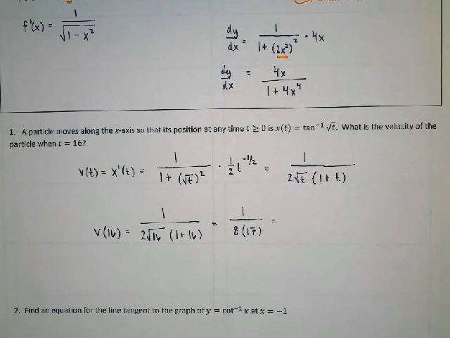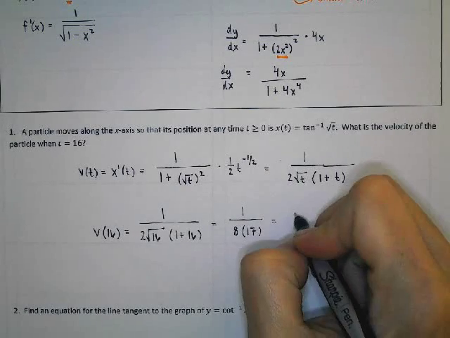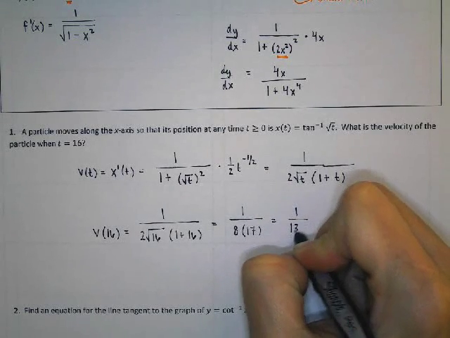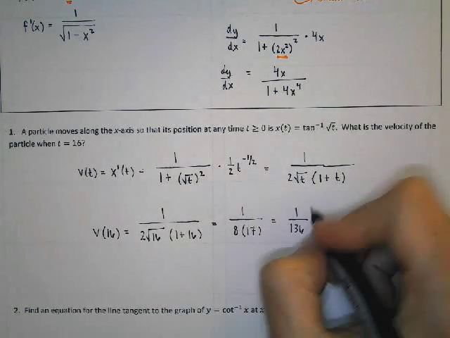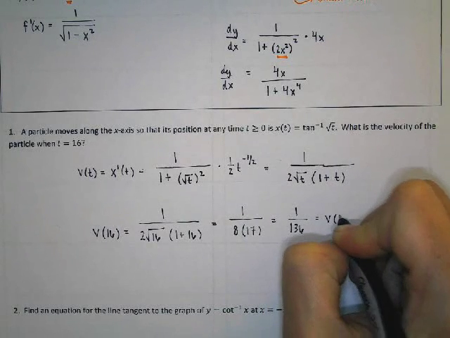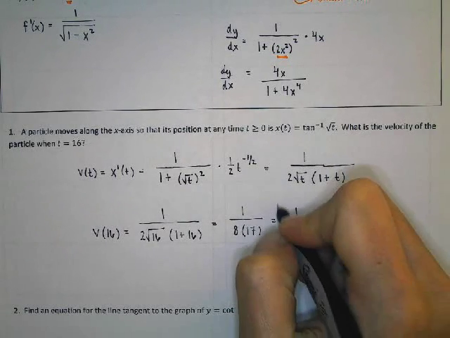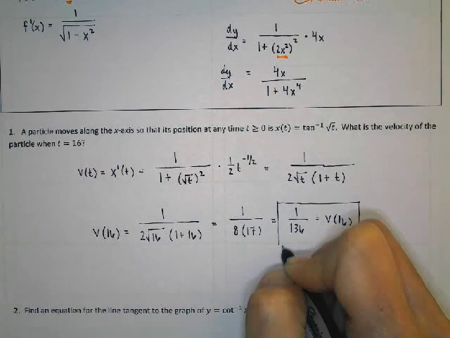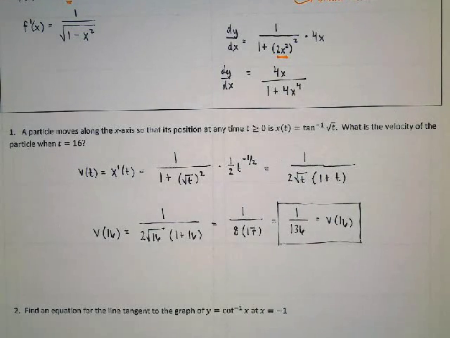And so my answer is going to be 1 over 136. And the problem doesn't give me units, so I'm just going to leave it as is. So again, particle motion clearly is nothing new. The only thing that was new here was incorporating that derivative of the inverse tangent.